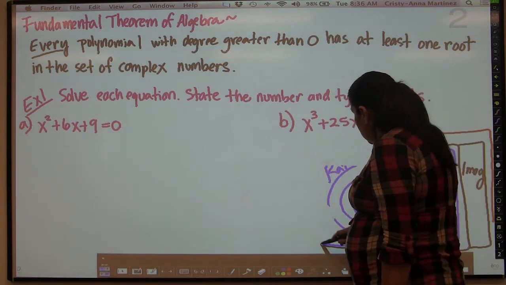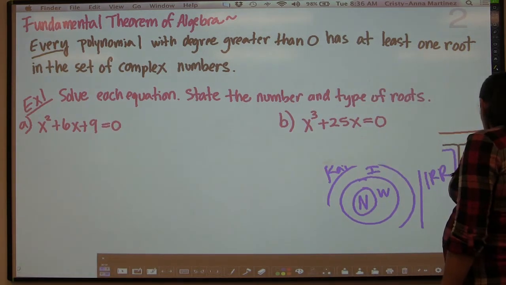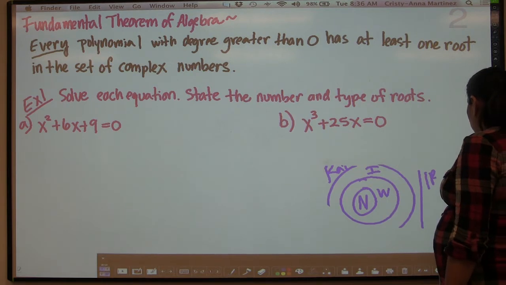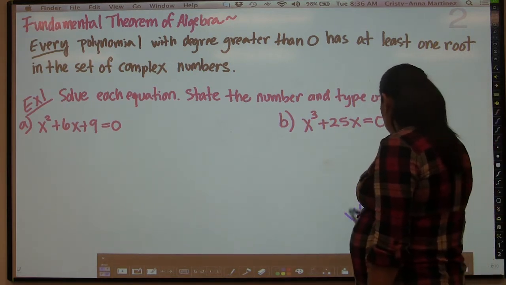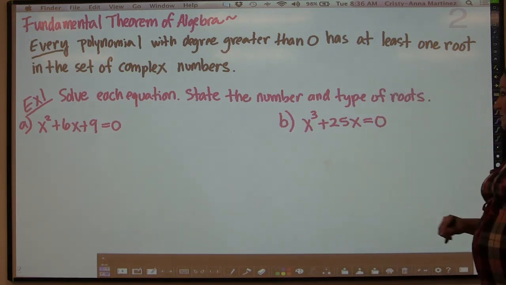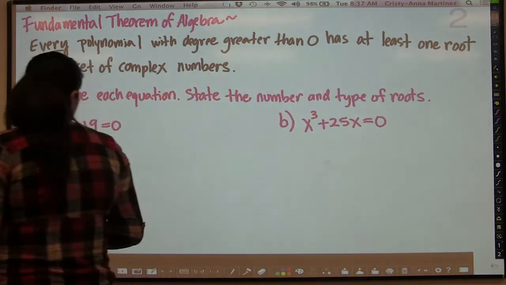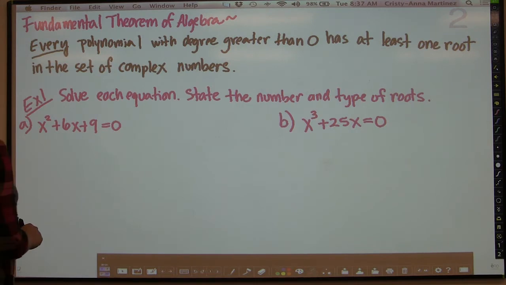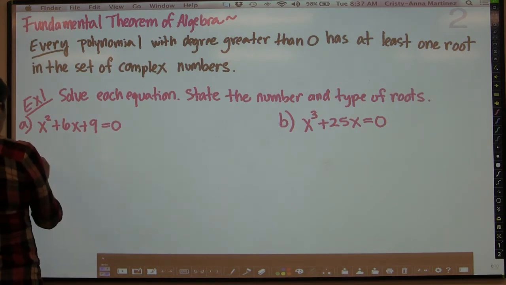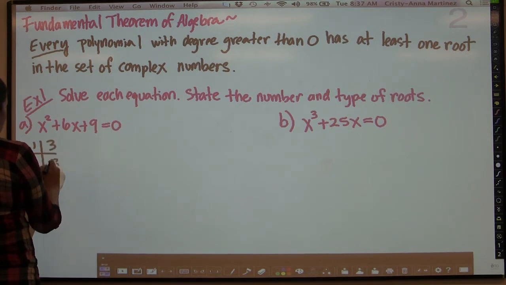Now for the purpose of what we're doing in our homework today, it's more important for us to understand the corollary, which we will get to after this example. For now it says, solve each equation, state the number and type of roots. We know how to solve this one. Using the factoring method, 3 times 3 is positive 9, and 3 plus 3 is 6.